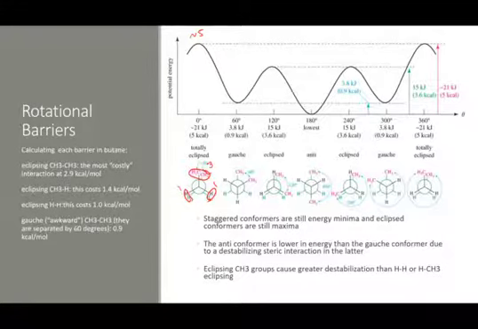Now, if we move it 60 degrees, we stagger it away from an eclipse, we have this gauche interaction where the methyls are 60 degrees apart. They still have a little bit of strain even though there's not an eclipse going on, even though they're staggered by 60 degrees. And a gauche interaction is going to cost 0.9 kilocalories per mole.